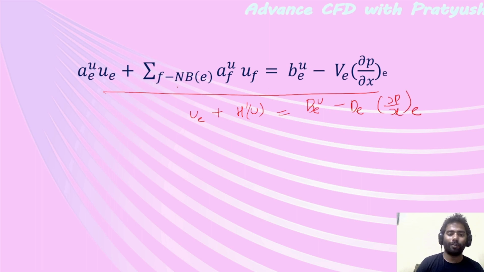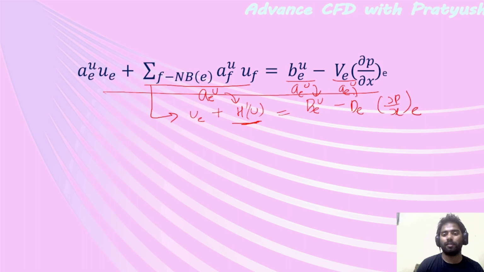If we correlate this complete equation with the earlier equation, you can observe that this complete derivation divided by a_e^u will become this term. This p_e^u divided by a_e^u will become this term, and similarly this v upon a_e^u will become this term. These are the equations that we are going to use in the further derivation.